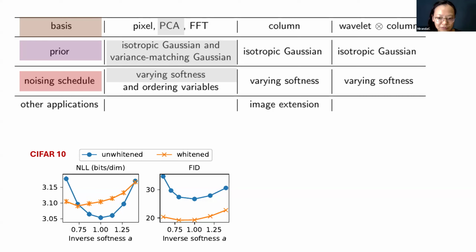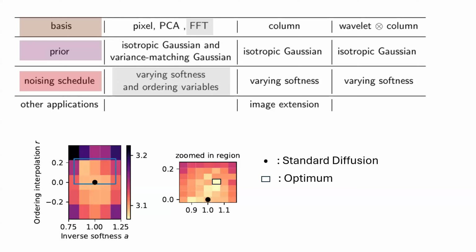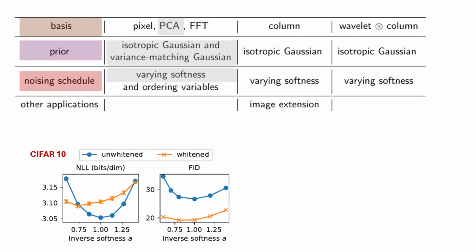Okay. Before I say too much, can I ask a question? Yeah. At the previous slide. So when you make those measurements, those performances, that's for a certain architecture and hyperparameters. So the fact that it seems optimal when A is 1, is it because those hyperparameters, chosen for the usual diffusion, were optimized there?